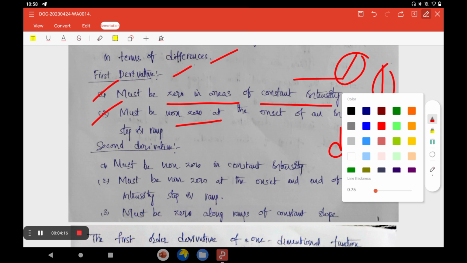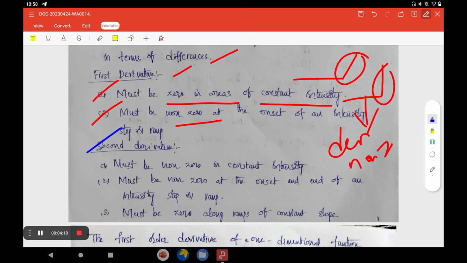But if you go for the second derivative concept, the second derivative must be 0 in areas of constant intensity, similar to the first derivative. In case of the first derivative, that value is 0 for constant intensity. Second, it must be non-zero at the onset and end of an intensity ramp.